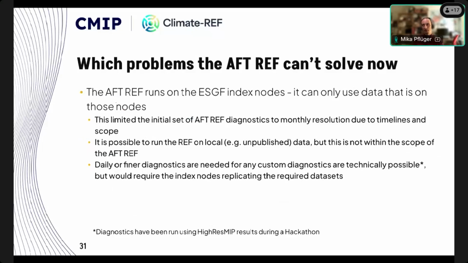And during a hackathon, we have already run the REF on high-res CMIP results. So if you have some time to set it up, it's also technically possible to run this on other resolutions, but it's not something that the AFT REF is doing right now. And it's also not really planned to add high-res data to the AFT REF ever, but of course it's something you can do with the framework.